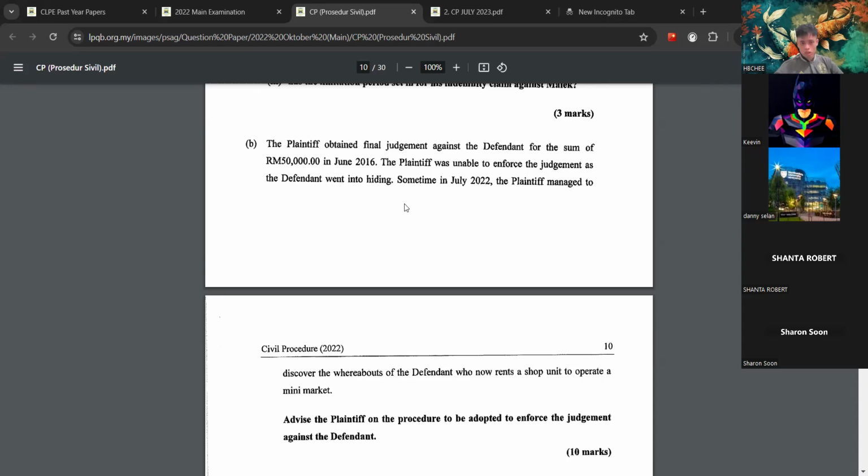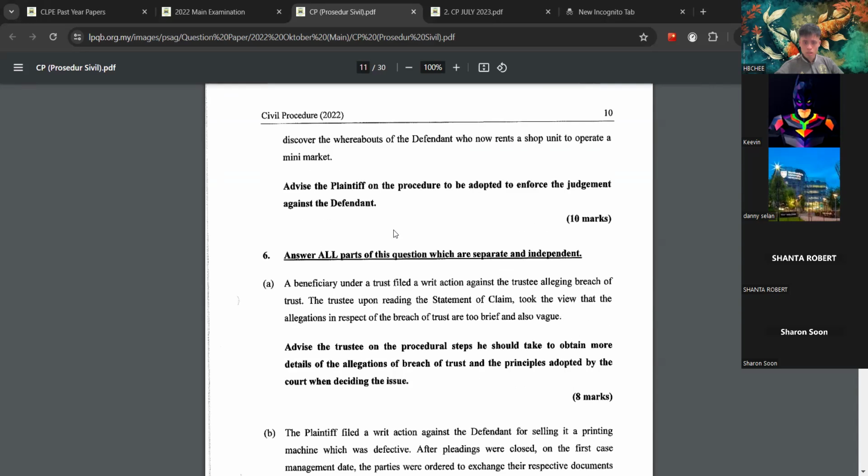Is that okay? If you want to add on, you can add that the method of application is by ex parte notice of application supported by affidavit under your Order 46 Rule 3, if I'm not mistaken. Is that okay?